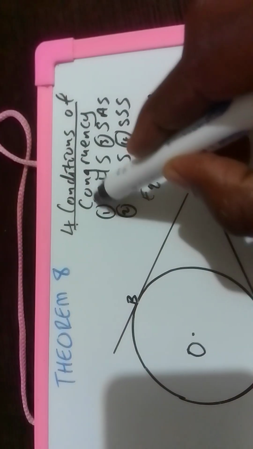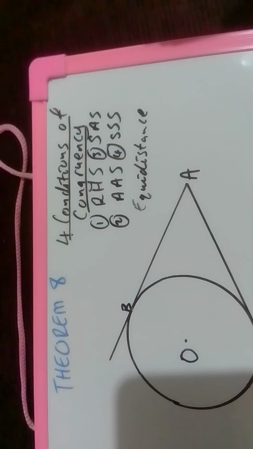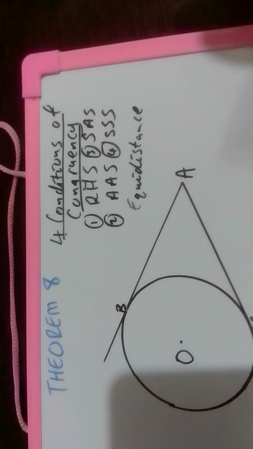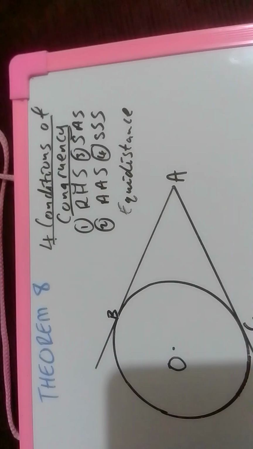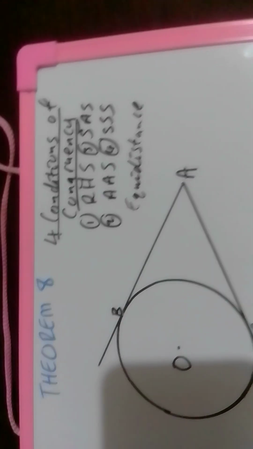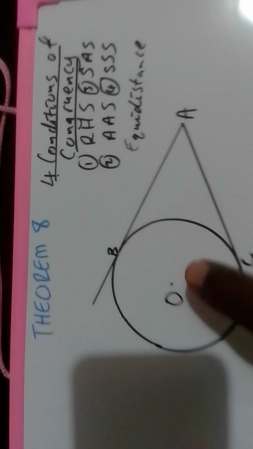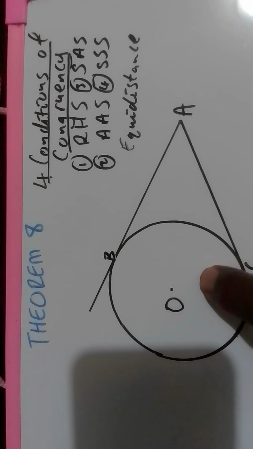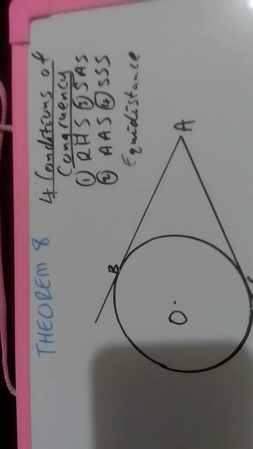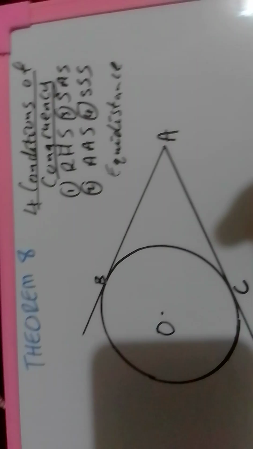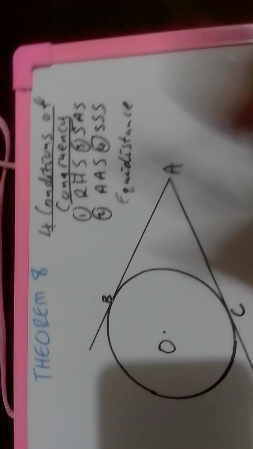Now, you may see that I wrote here on the side 4 conditions of congruency. When we tell you grade 11s to study conditions of congruency, you think, oh, it's grade 9 work and we are bothering you. However, in order to solve this theorem, you need to know the 4 conditions of congruency and which one you are going to use. So what are the 4 conditions of congruency?